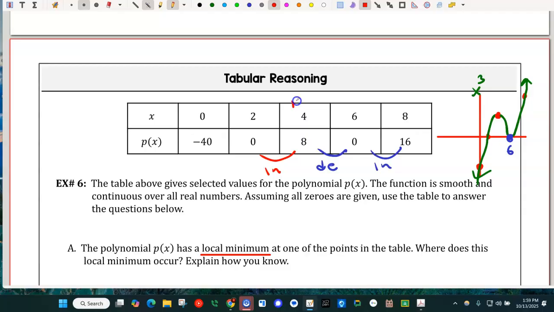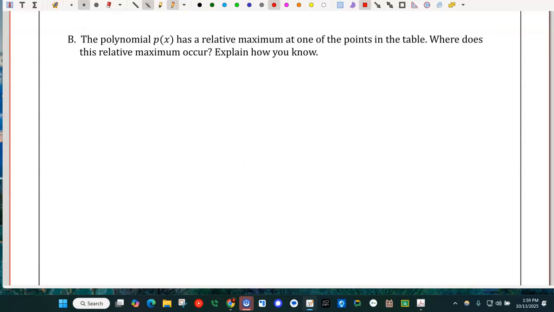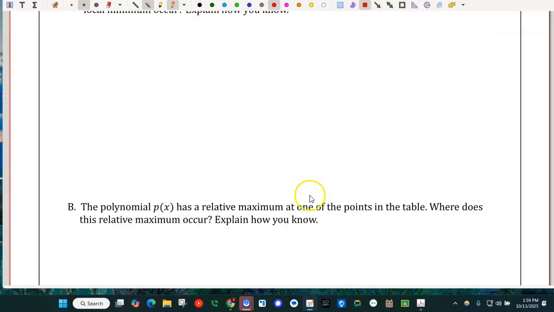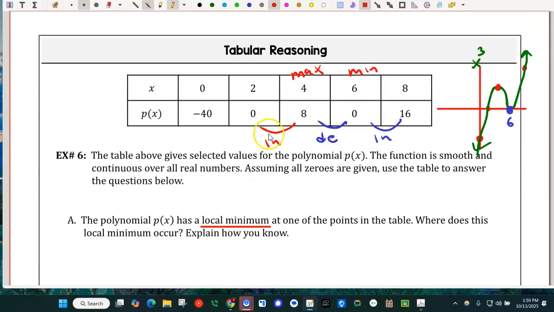So we know this must be a max, and this must be a min. So I'll just leave that as is, and you write out everything I just said in full sentences.